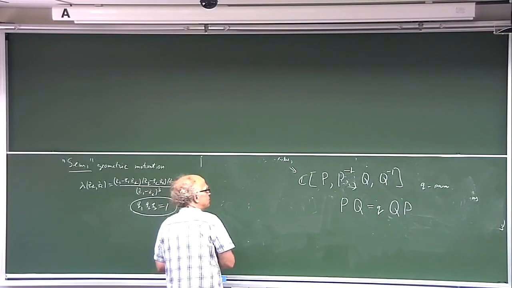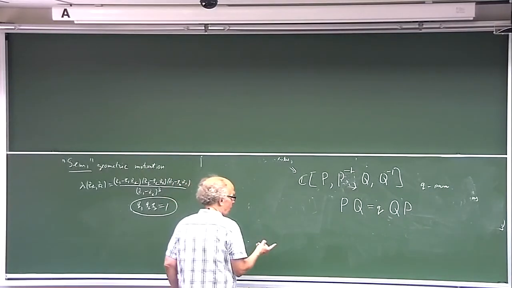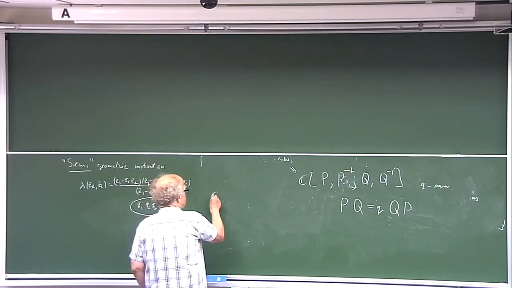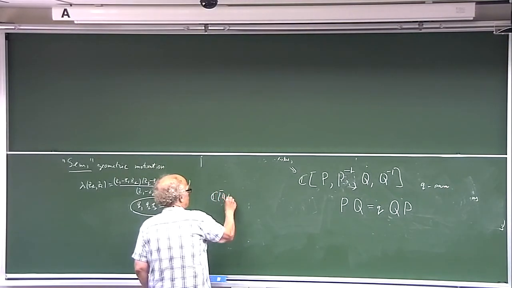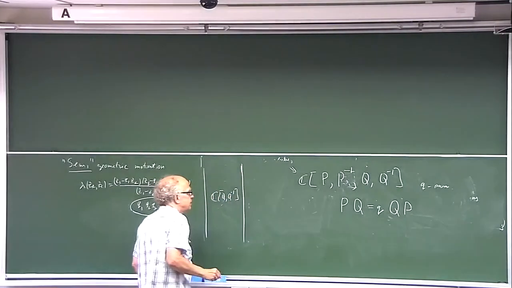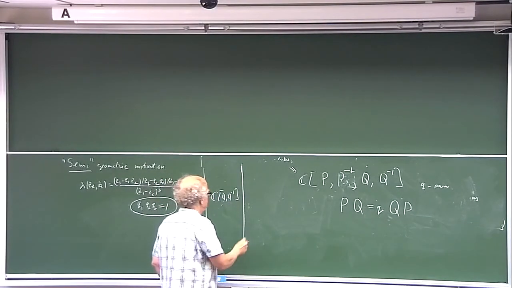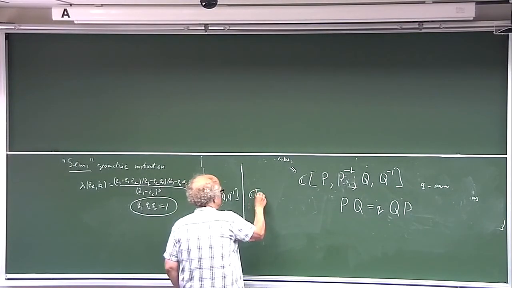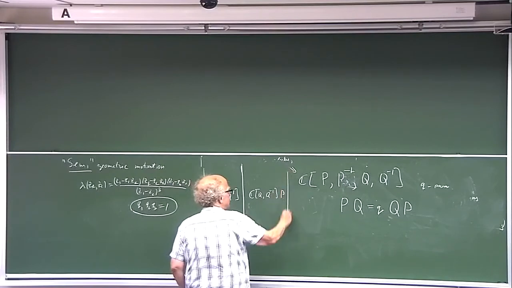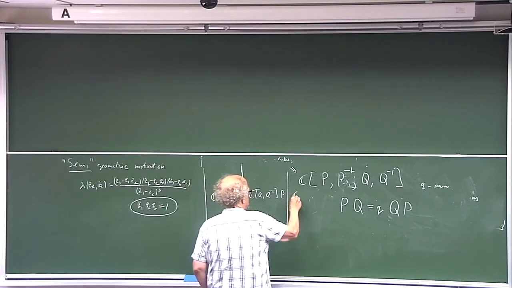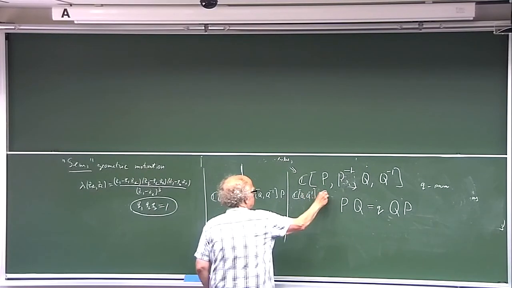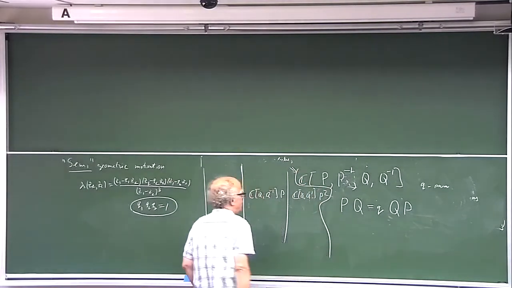So this is a Lie algebra now, and it has a commutative subalgebra, C of Q inverse, and it has C of Q inverse P, and it has C of Q inverse P squared, and so on.